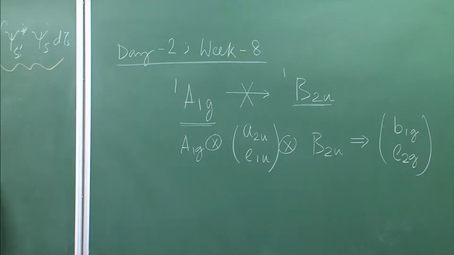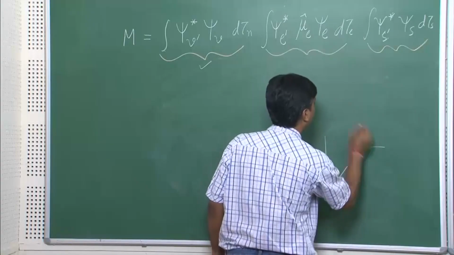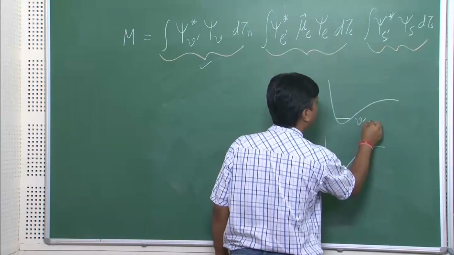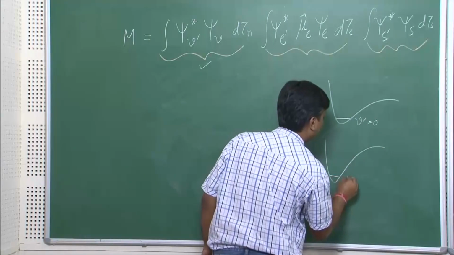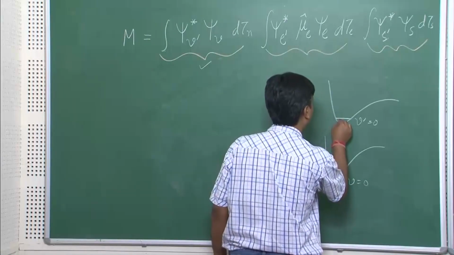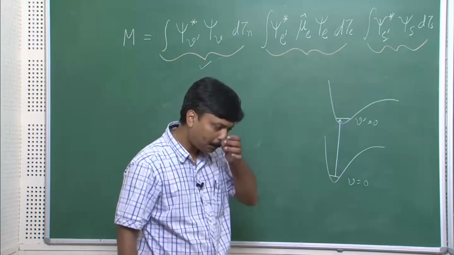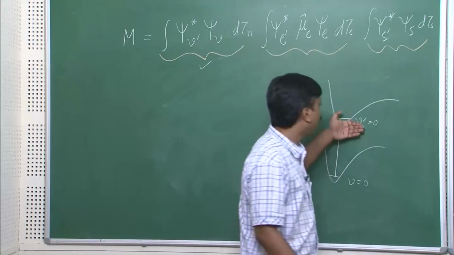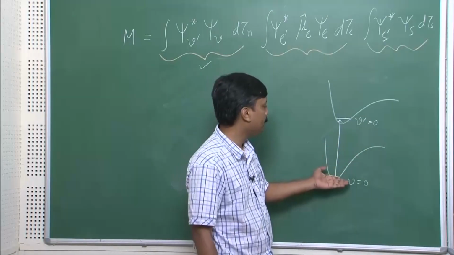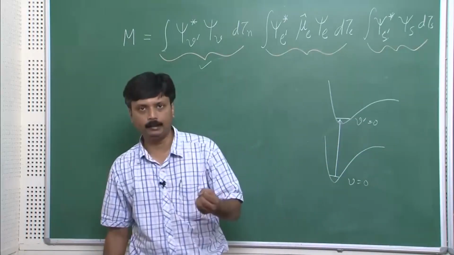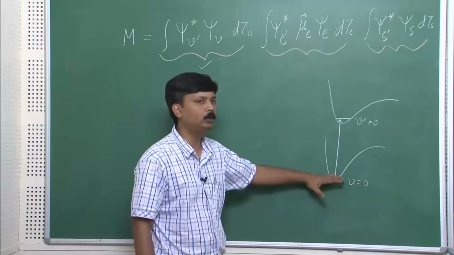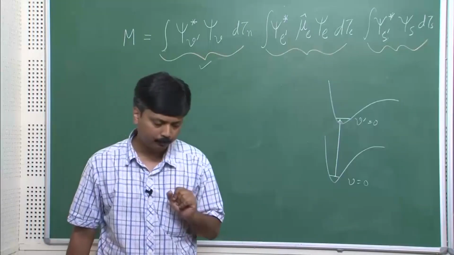So the situation was something like this: this is v prime equals 0, and here it was v equals 0. So we had a transition like this, so that both of the vibrational states are at their ground states, and therefore belong to the totally symmetric IR. And I didn't have to think about the symmetries of these two, because automatically it is taken care of.